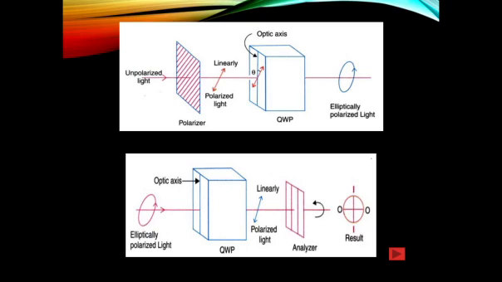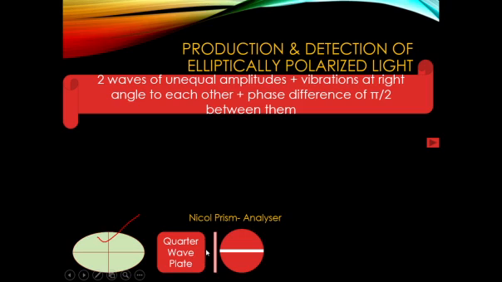So the total phase difference will become 180 degree. So what will be the ray then? It will be a linearly polarized light. Okay, so if an elliptically polarized light is passed through a quarter wave plate, you'll get back the plane polarized light. So considering that principle, we'll pass the incident light through a quarter wave plate so that we assume that it would have become a plane polarized light.